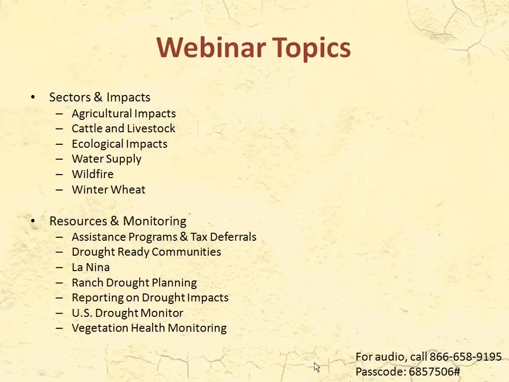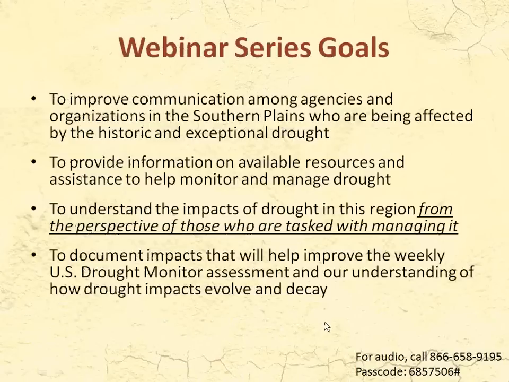I will now turn it over to Dave Brown, NOAA South Central Region Climate Services Director, who will give some background on what we hope to accomplish with this new webinar series.